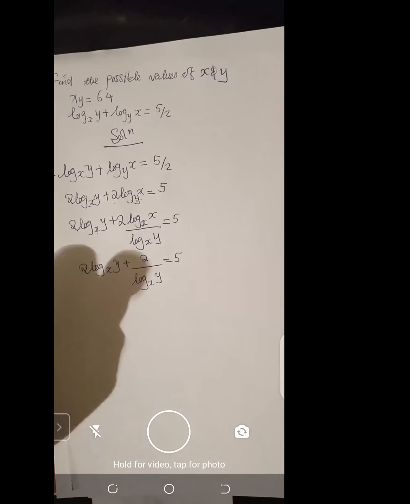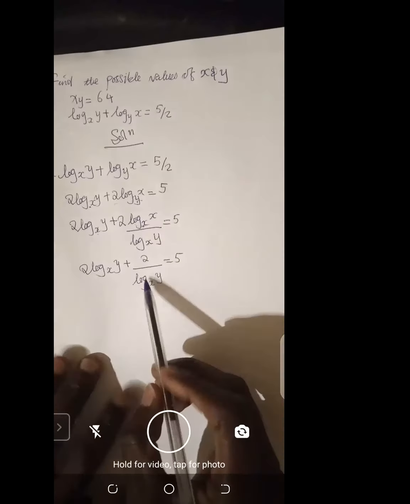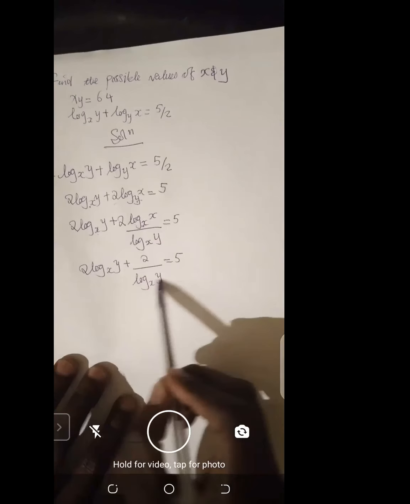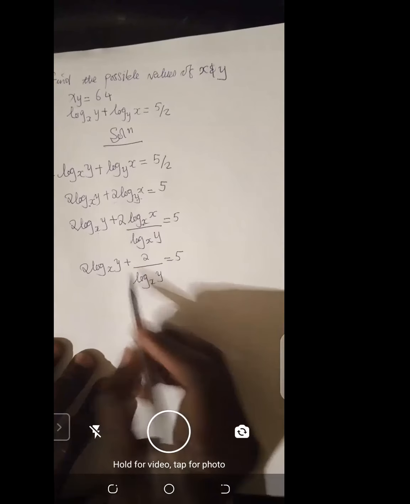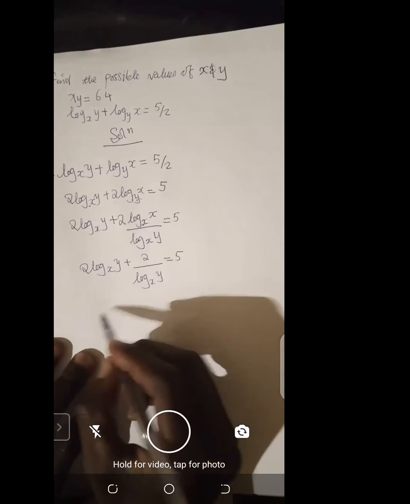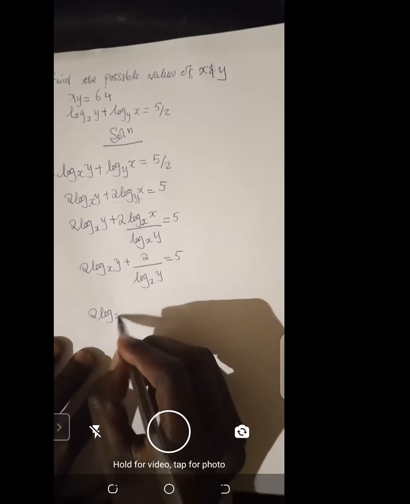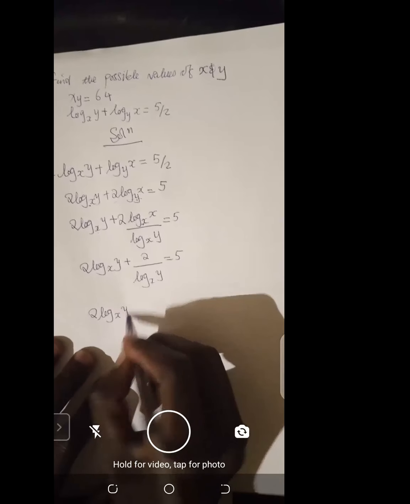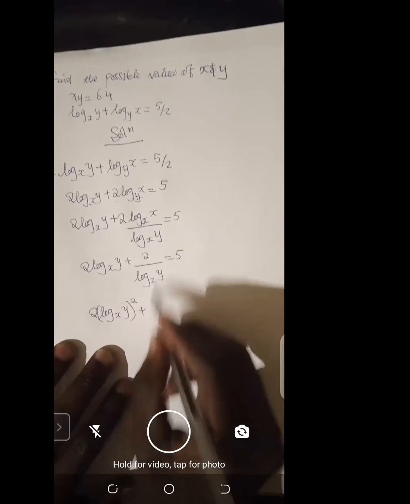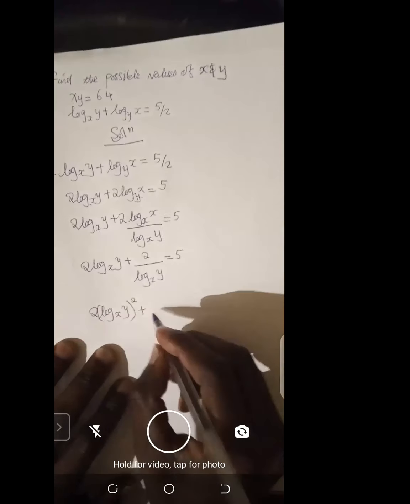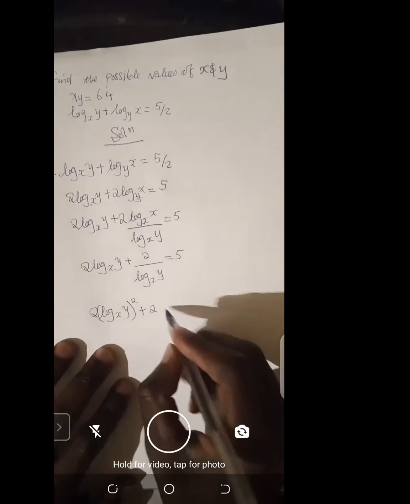All right, then you can multiply throughout by log y base x to get 2 times log y to the base x squared, then plus 2, this will be equal to 5 times log y base x.